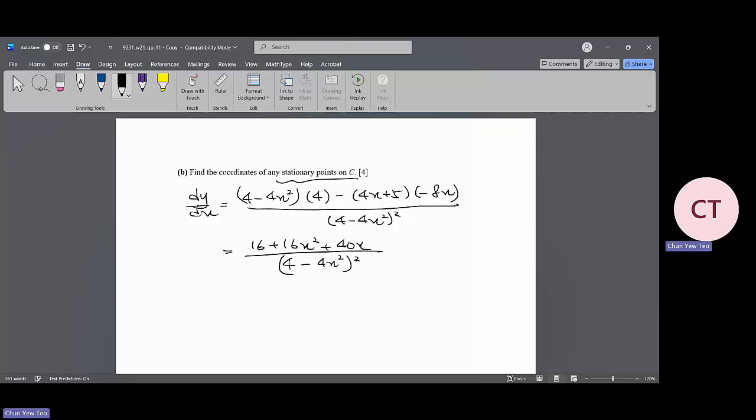Plan to simplify it further because I just need to focus on the stationary point. Then to find stationary point, your dy dx must be 0. That means the 16x squared plus the 40x plus the 16, your numerator must equal to 0. All can divide by 8.